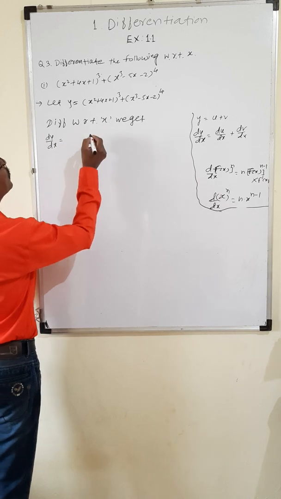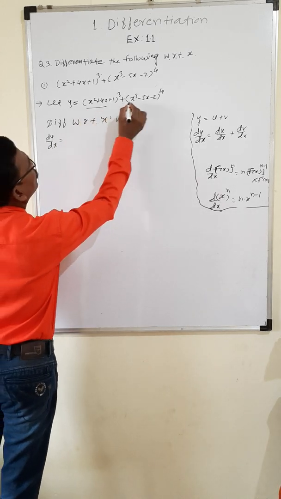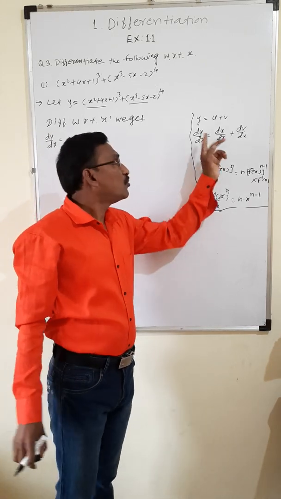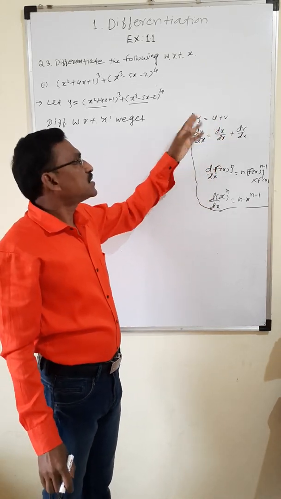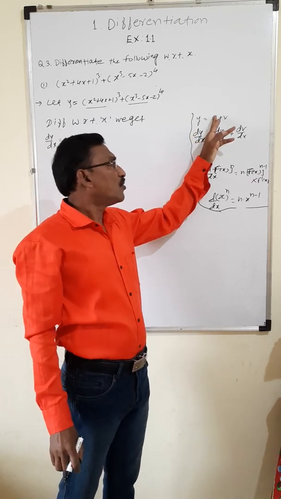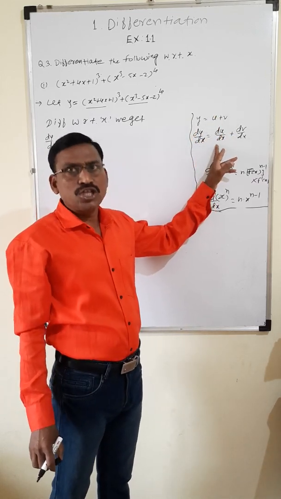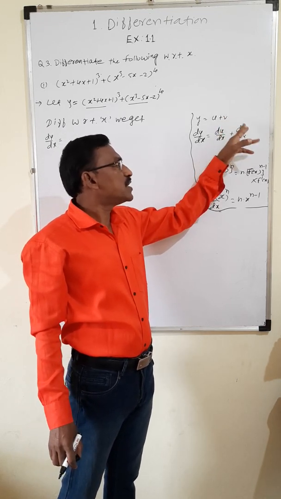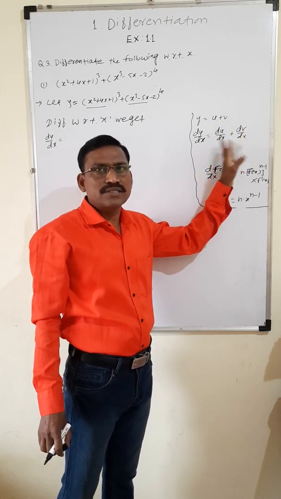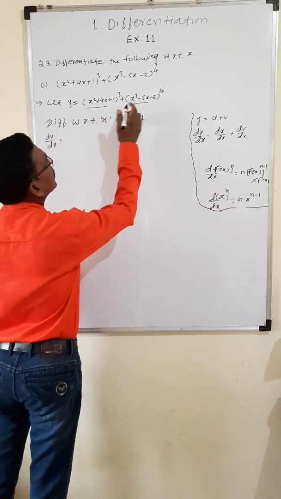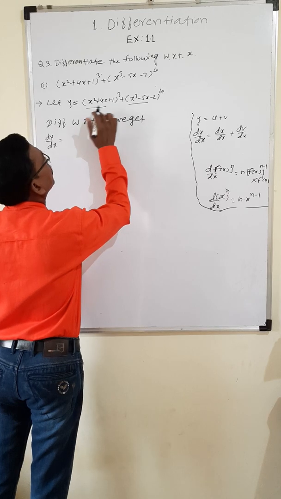Here we have to use the u plus v derivative rule: y equal to u plus v, and its derivative, dy by dx, is du by dx plus dv by dx. So we use this rule. Suppose this is u and this is v.